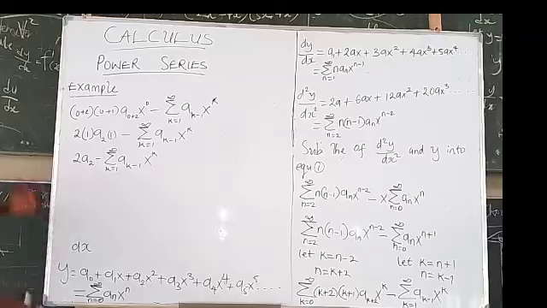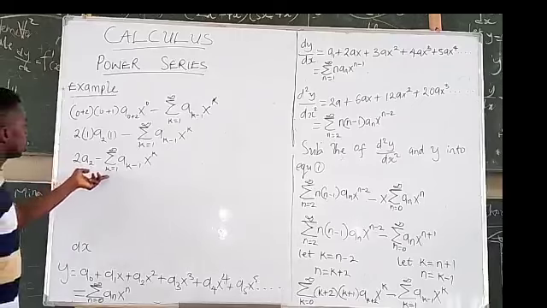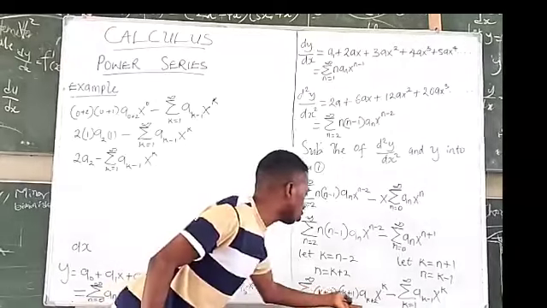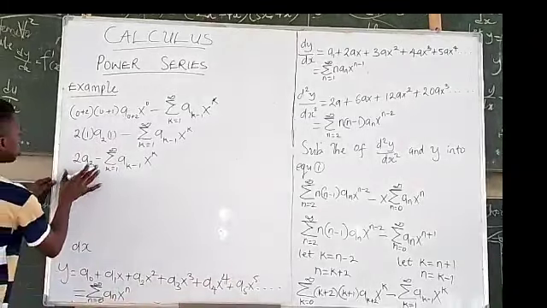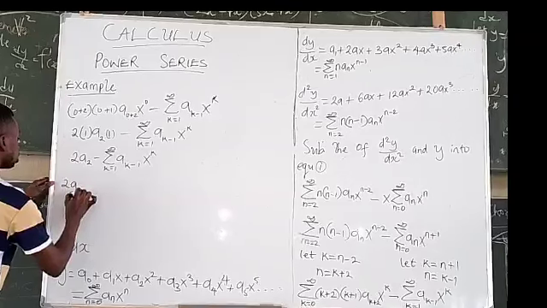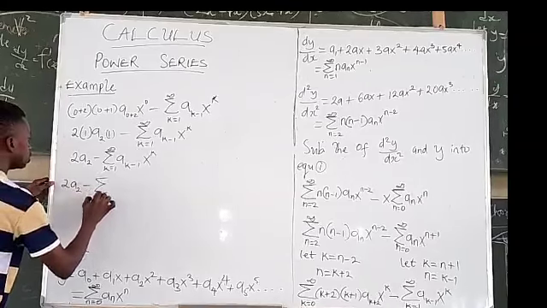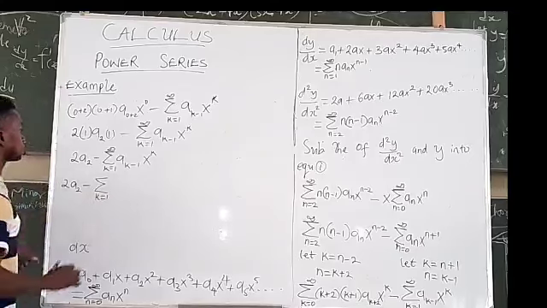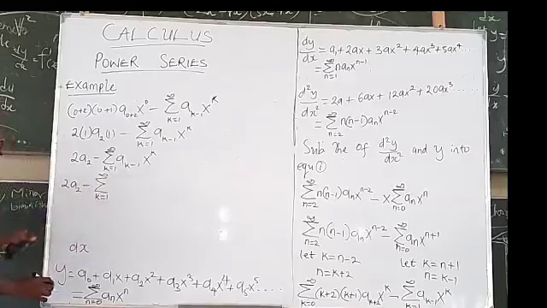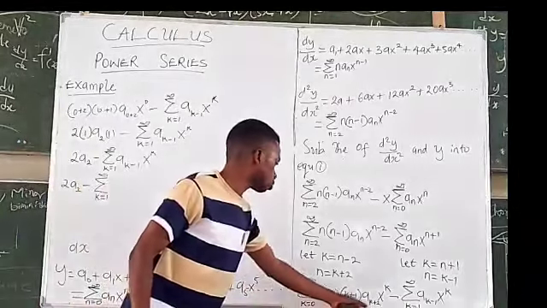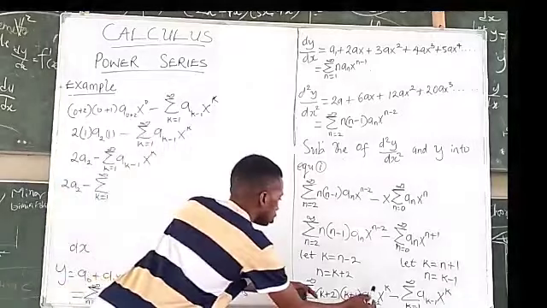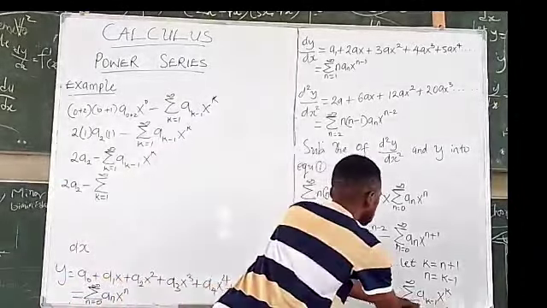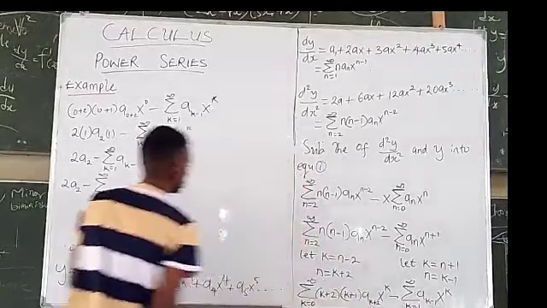Then from here now, when k is 1, we can substitute the value of k into this summation. So from this other part, we are going to keep our 2a2 minus summation k approaches 1 to infinity. Since we are going to put the value of 1, we are going to bring out this and this.